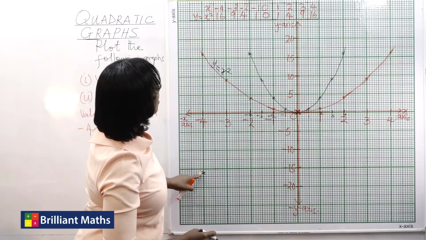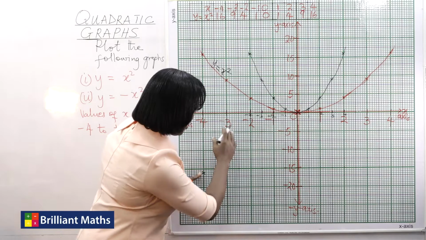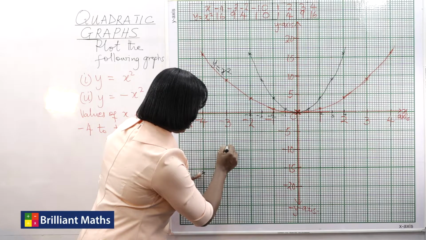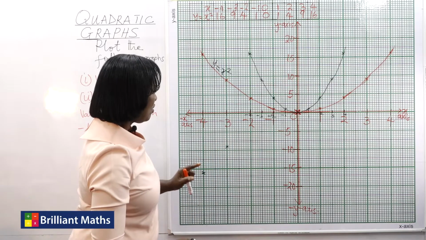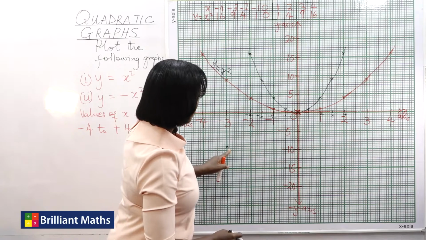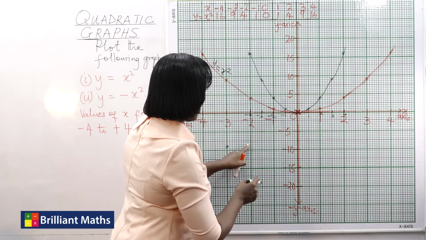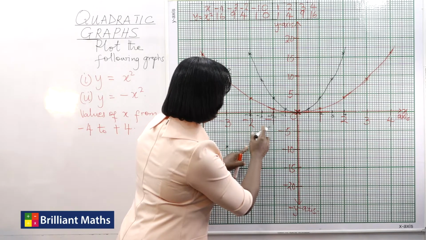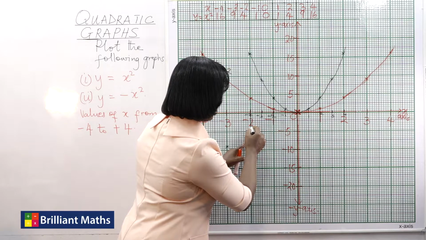When x is minus 3, y will be minus 9. Minus 3, that's minus 10. So this will be minus 9. When x is minus 2, y will be minus 4. Minus 2, minus 4 will be right here.